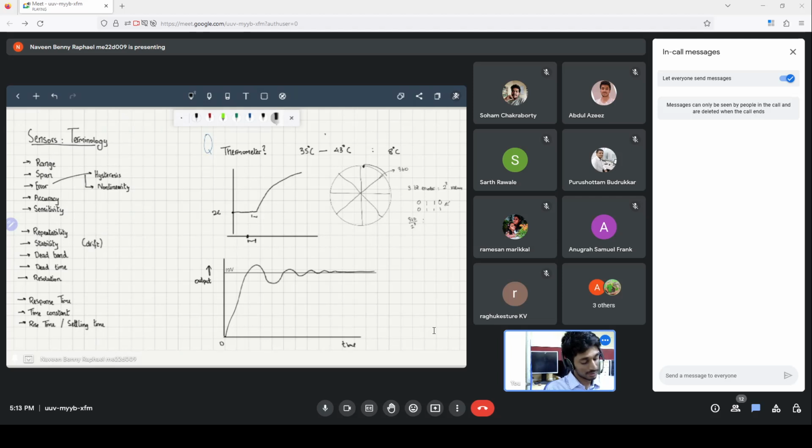The specific detail of response time is that the number given in the slides is 95%. So if that's 10 volt, we'll say this is around 95%. The time taken for the output to reach here will be the response time.